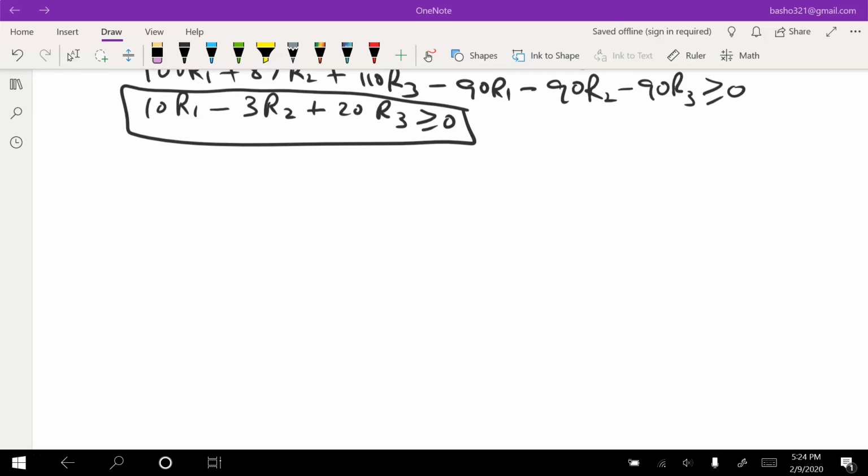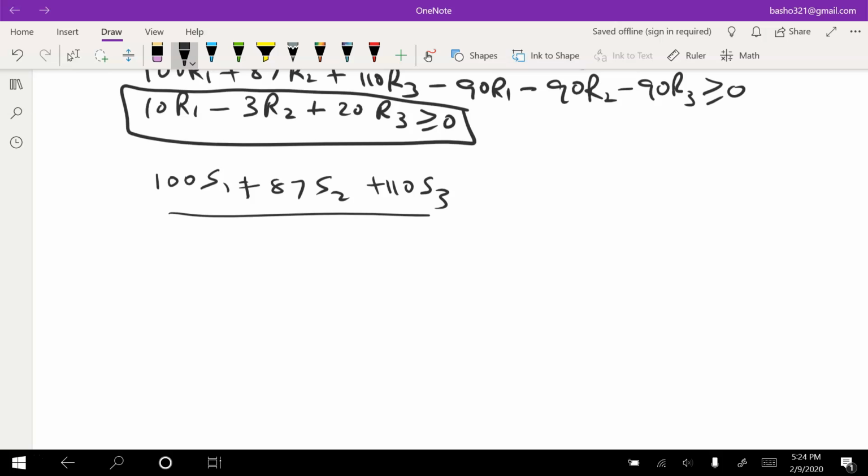Similarly, 100 S1 plus 87 S2 plus 110 S3 divided by S1 plus S2 plus S3 greater than or equal to 100.